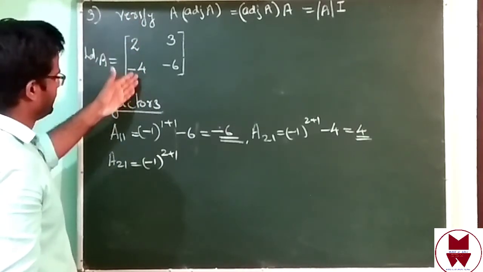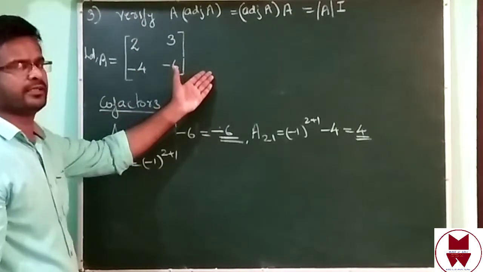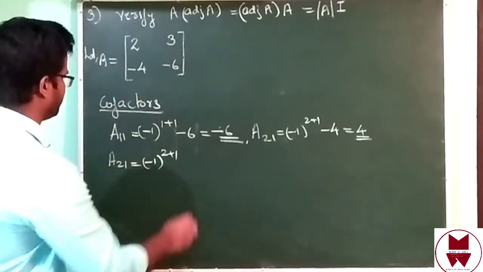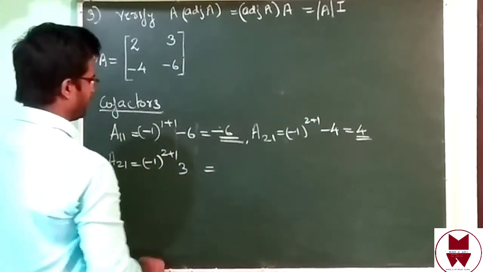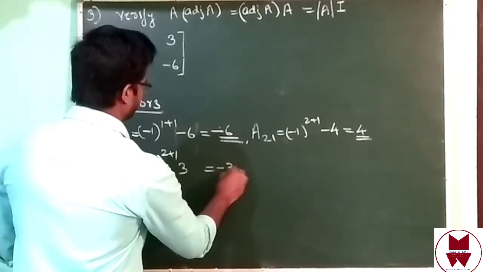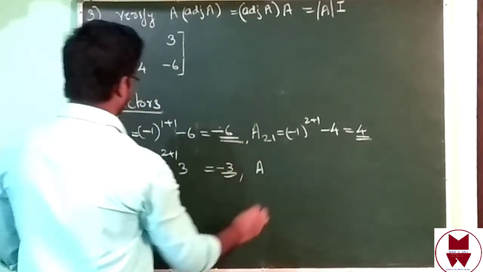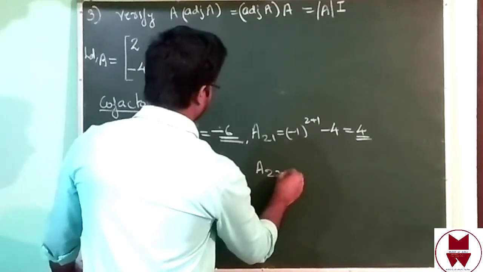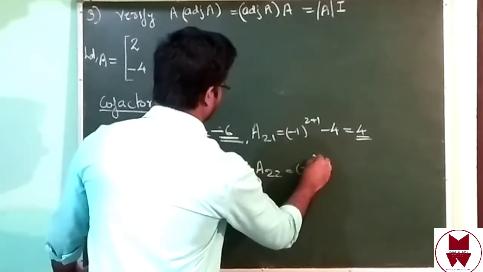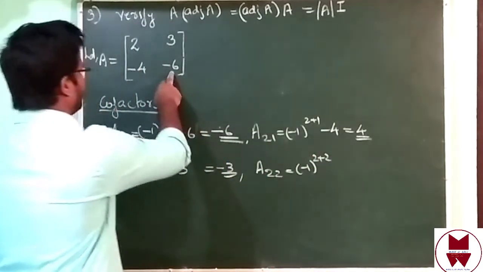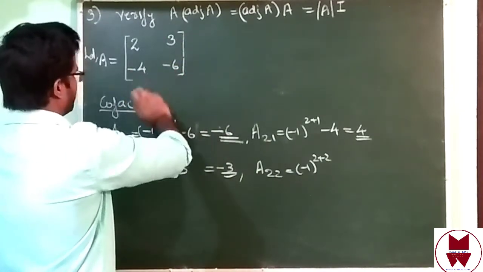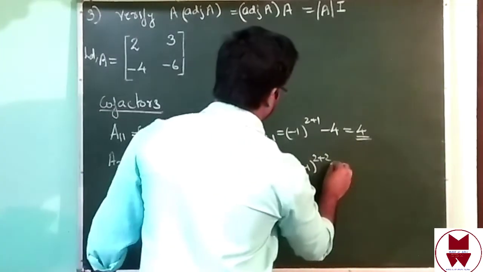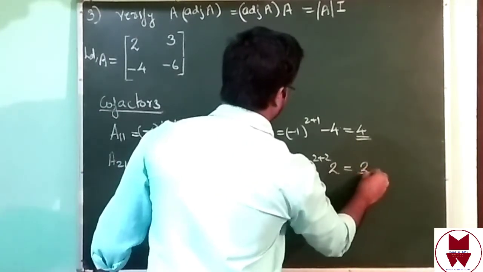Delete the first column and second row, then remaining 3. Minus 1 whole cube will be minus 1. Minus 1 into 3, minus 3. Next, A22, minus 1 to the power 2 plus 2. This element, minus 6. Delete the second column and second row. What is remaining? 2. You will get 2.